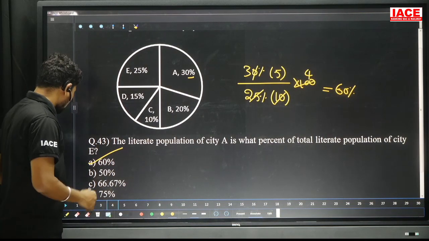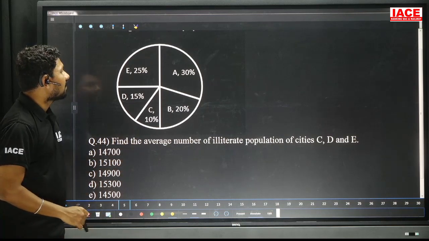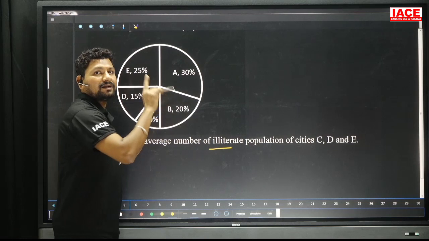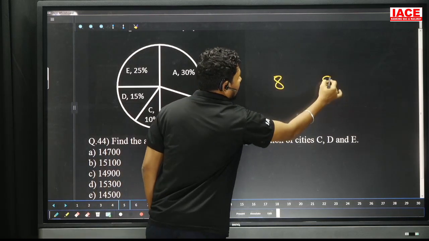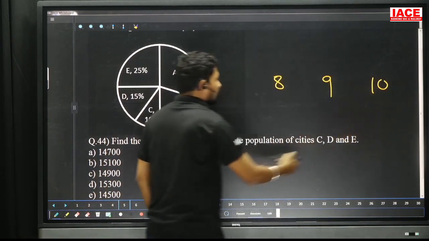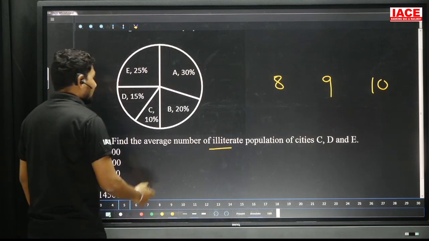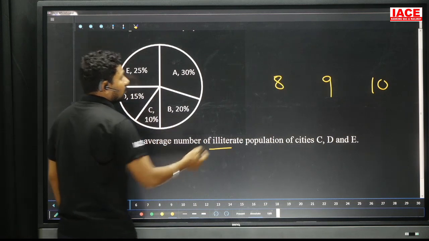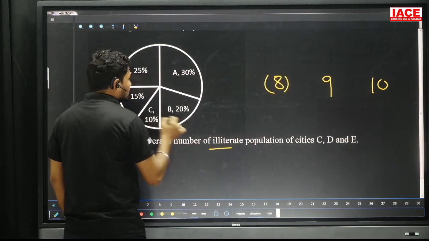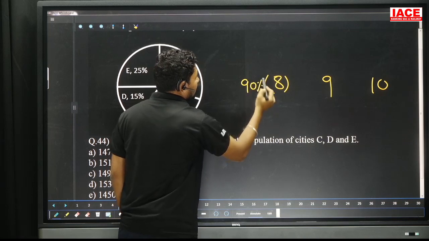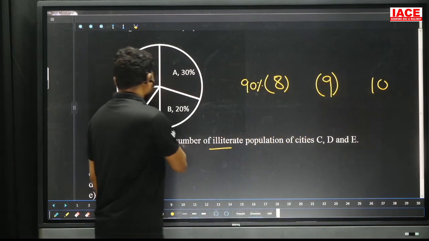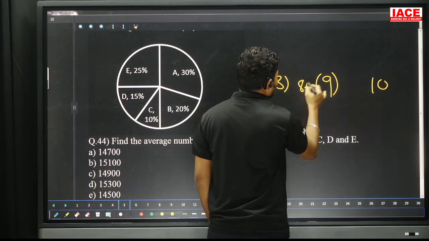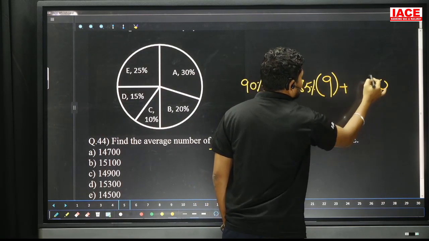Then go to the next question for the same data. Find the average number of illiterate population of C, D, E. The ratio is 8, 9 and 10. In this we require particularly the illiterate population. How to generate illiterate population? Remove the literate value and you will get illiterate. For C, 10% is literate, so 90% is illiterate, and D is 15% literate, so 85% is illiterate.